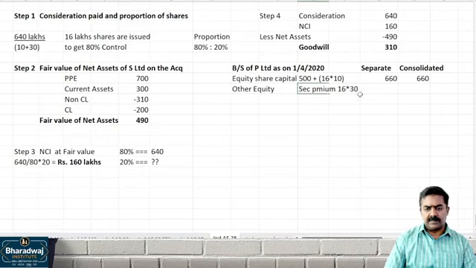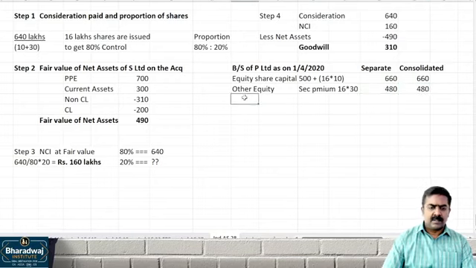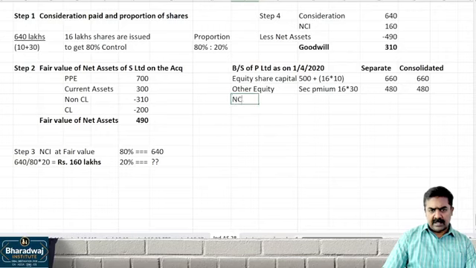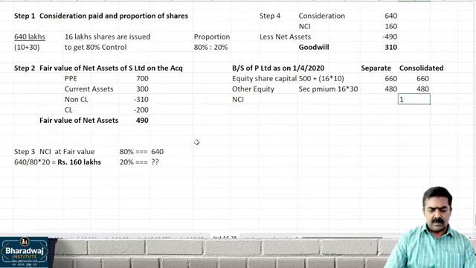How much? 480 in both the cases. Then what is the next one? NCI will come only in which column? Consolidated balance sheet column. What is the NCI value? 160 lakhs.